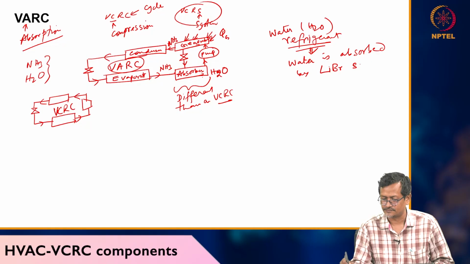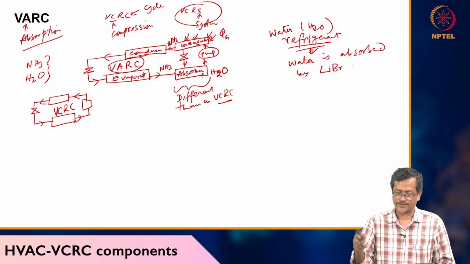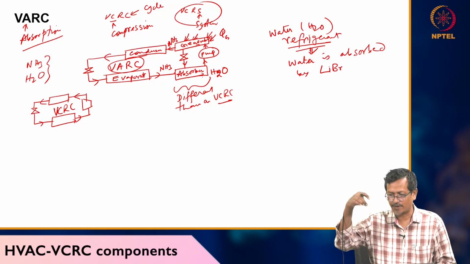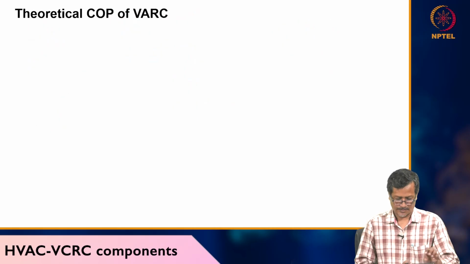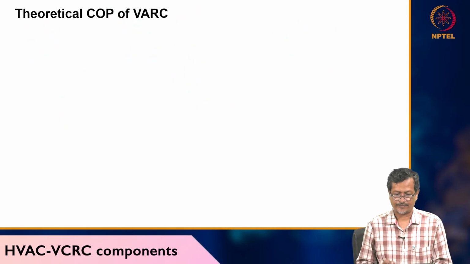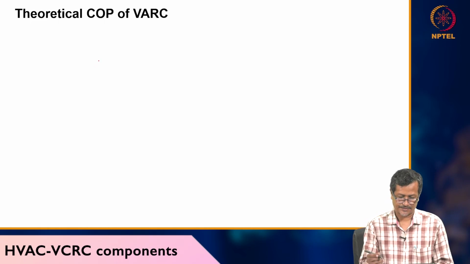So water will be circulating and lithium bromide will be absorbing, in the same process as the ammonia cycle. Now, the formulation for the vapor absorption refrigeration system, COP and other parameters.